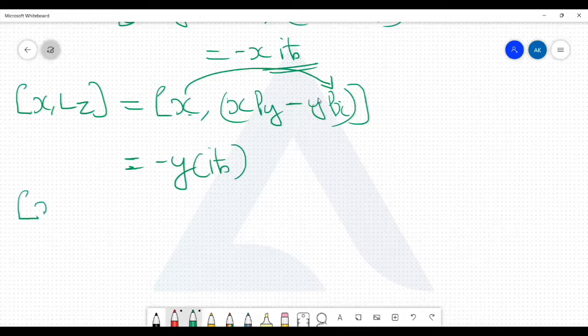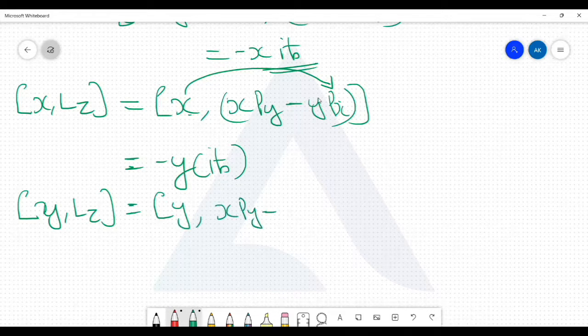If you have y with L_z, that will be y with x p_y minus y p_x. So y with p_y will be non-vanishing. Therefore, x times y with p_y is iℏ x.